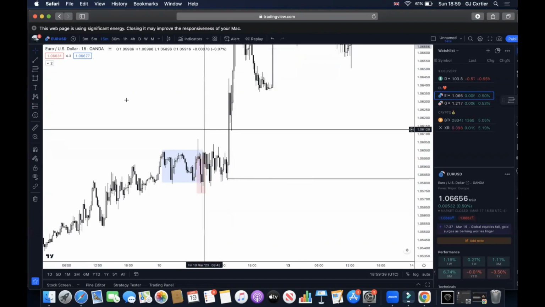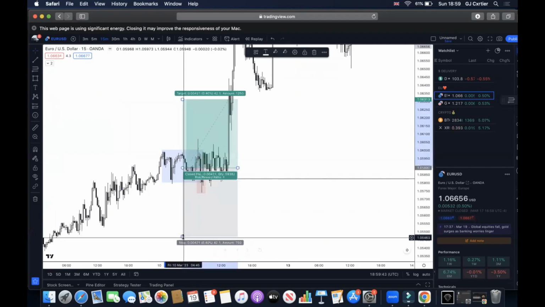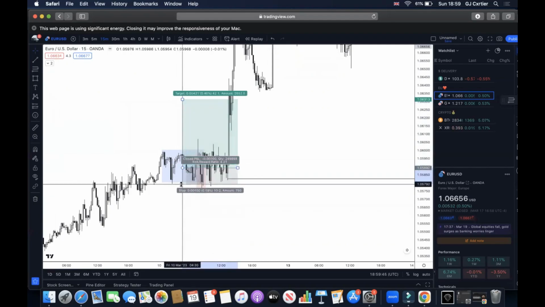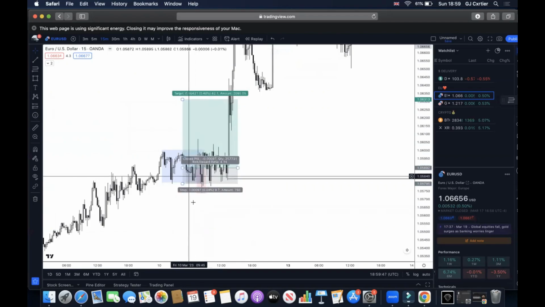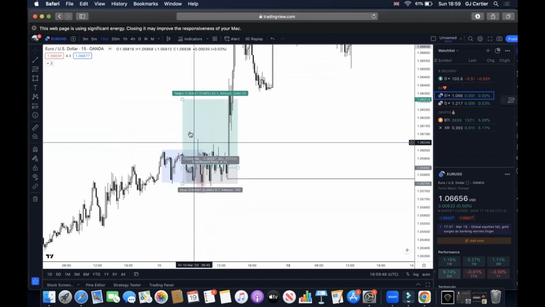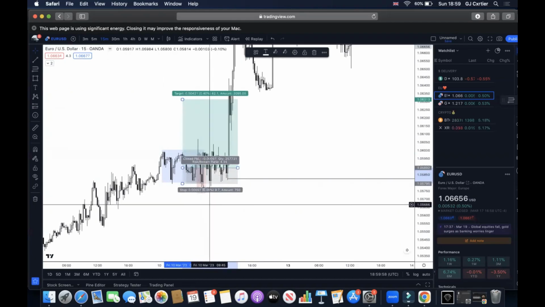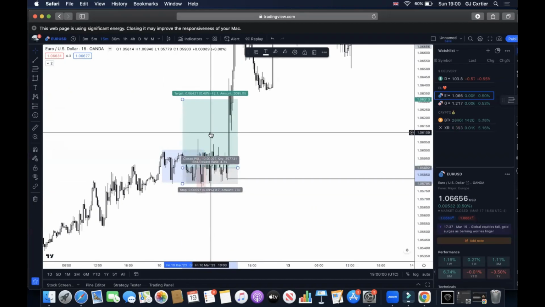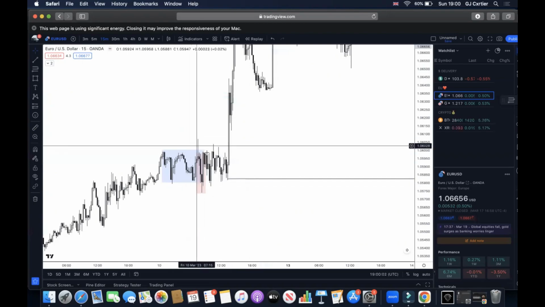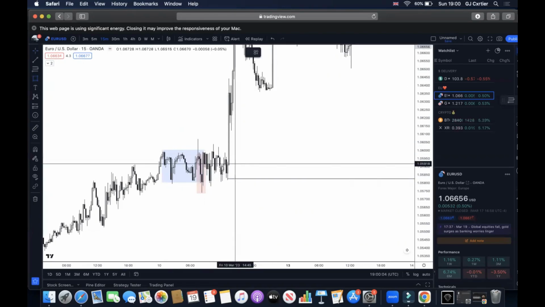Because anyone taking a long position from here would have had their stop losses underneath this low. What happens to them? They get out of the market and then price runs on them. So they're sat there feeling all sorry for themselves. Whereas if they understood this concept and waited for this manipulation phase of the market sequence, they would have been in this trade.